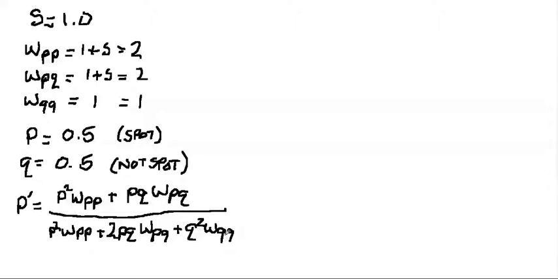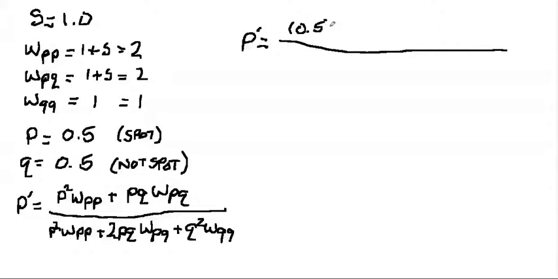Okay, we're just going to start with a fresh page here just so that we can see all of our math that we have to deal with as clearly as possible. So we're going to rewrite everything that we had. Let's start afresh up here and see if we can do the math for this. Okay, so P squared. We know that P is 0.5, so we have 0.5 squared times WPP, which is 1 plus S. Since S is 1, it's going to be multiplying it times 2.